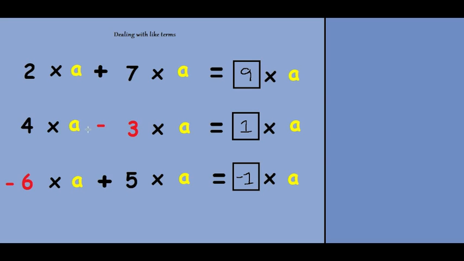Let's pull up 4 yellow A's and 3 red A's because we're going to subtract 3 of them. Again, let's pair off a red one with a yellow one.